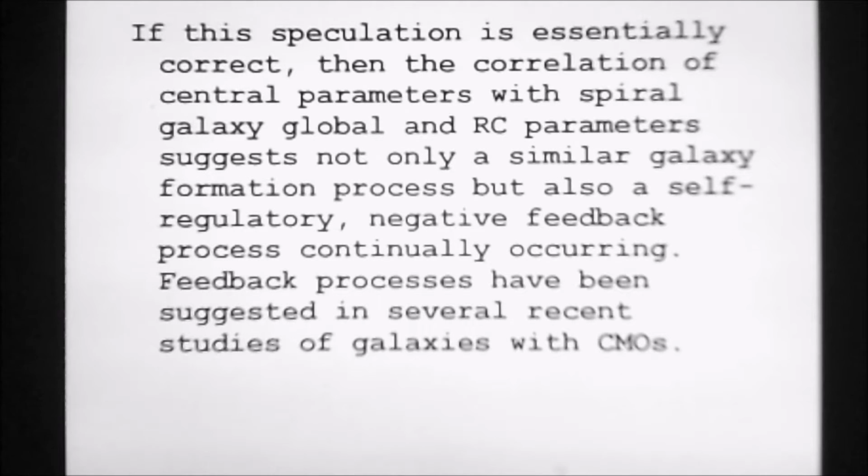If this speculation is essentially correct, then the correlation of central parameters with spiral galaxy global and RC parameters suggests not only a similar galaxy formation process, but also a self-regulatory negative feedback process continually occurring. Feedback processes have been suggested in several recent studies of galaxies with central massive objects.